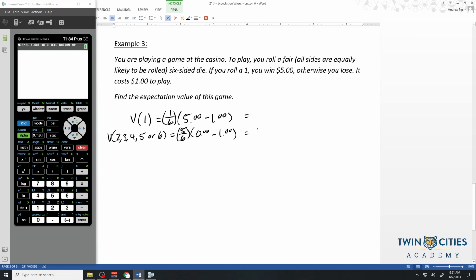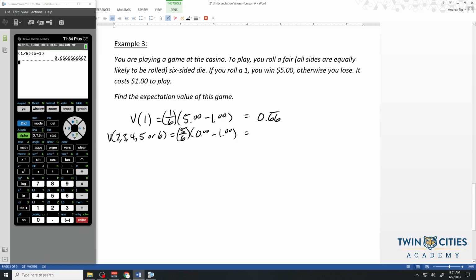Okay, these are all the possible events, so let's find the values. This is 1 over 6 times 5 minus 1. So the value of getting a 1 is 0.6 repeating. And then the value of getting a 2, 3, 4, 5, or a 6.